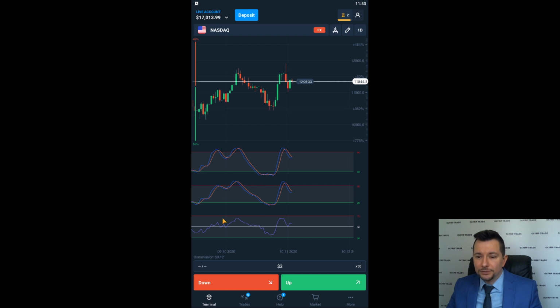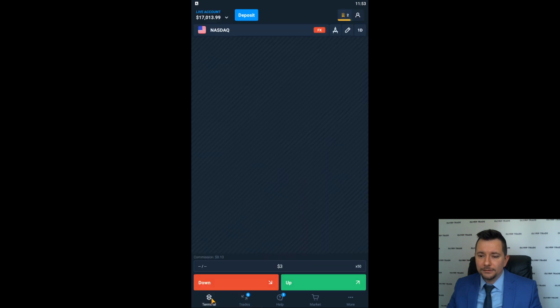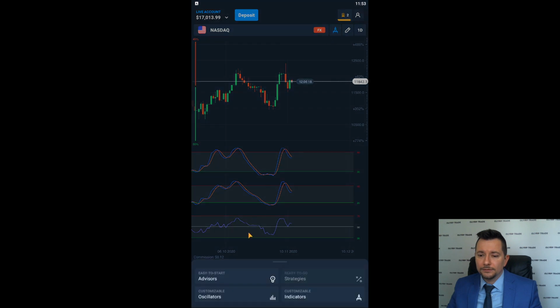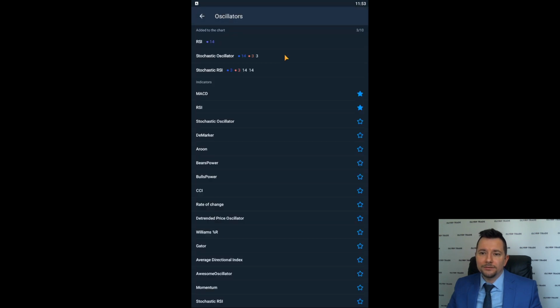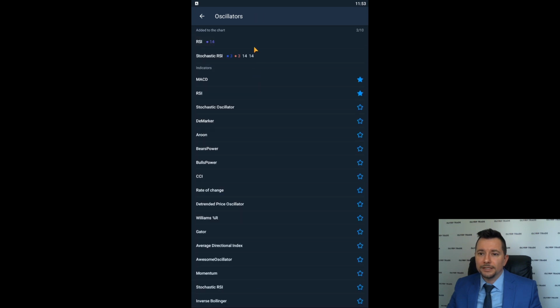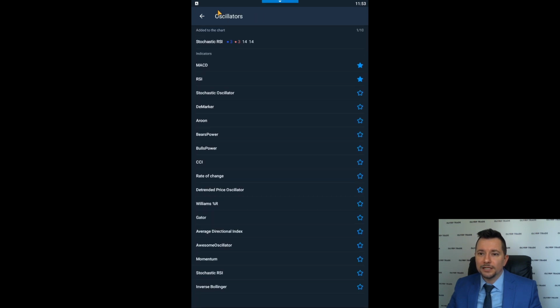It looks like this looks very closely to what the stochastic RSI looks like. Let's get rid of all the other indicators and just focus on the stochastic RSI.